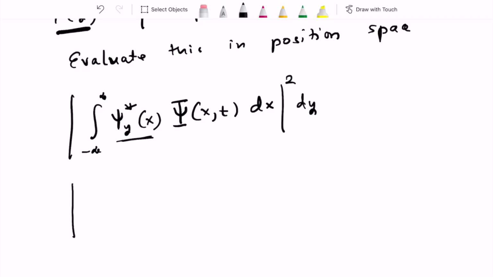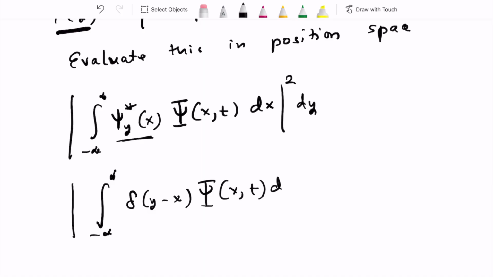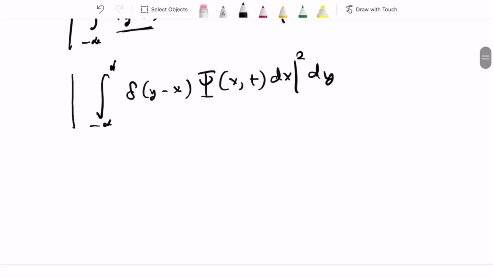We worked this quantity out in class. It's just delta of y minus x, and the star doesn't matter because the delta function is real. So the integral of delta of y minus x times psi of x and t dx, squared, times dy. And now what is this going to be? This will just be psi of y and t, absolute value squared.